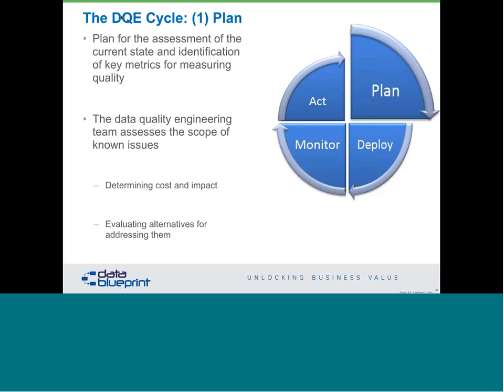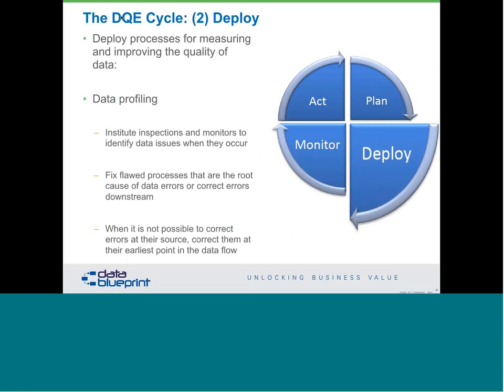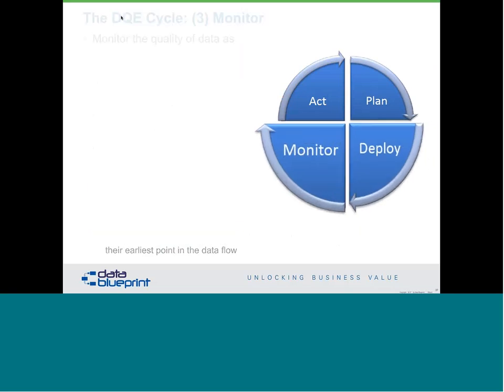All right, the key there is we need to look at how big the issue is, what is the time frame in which we need it solved, what is the cost and the impact, and evaluate a number of alternatives for addressing that particular problem. Then you need to deploy a solution. Sometimes it may involve something like data profiling. We'll talk about that in just a little bit. But the idea is we're going to fix the areas that are root cause for all of this.